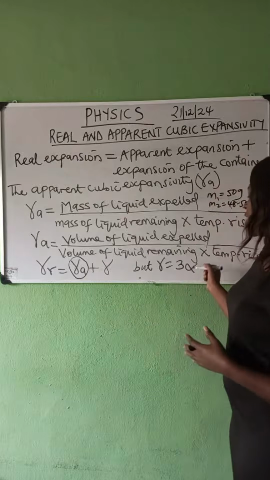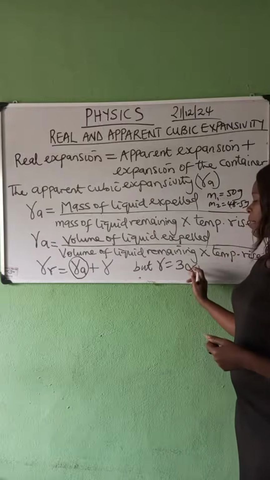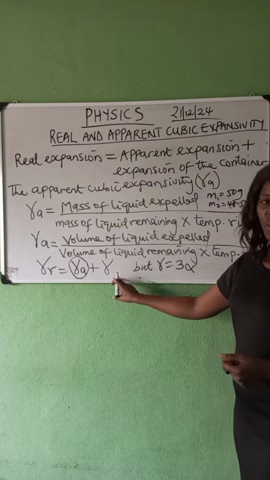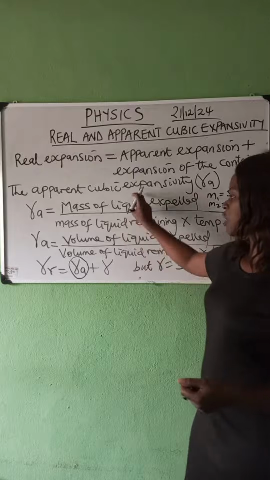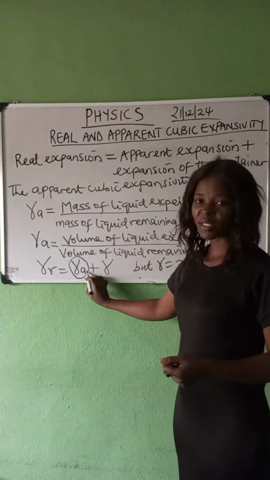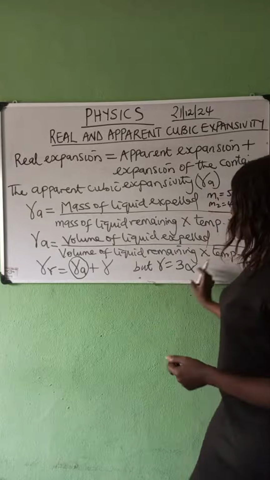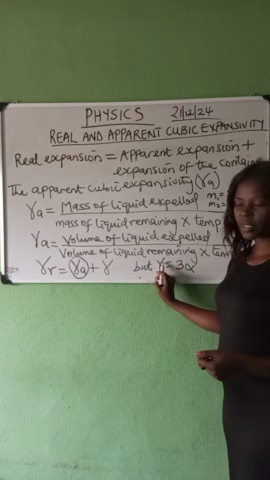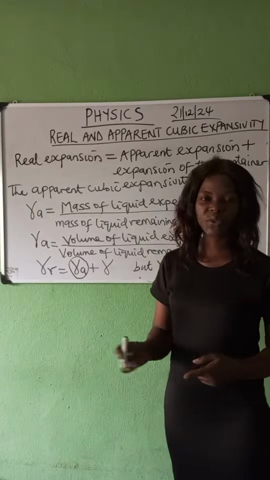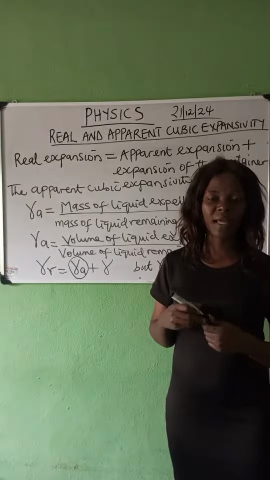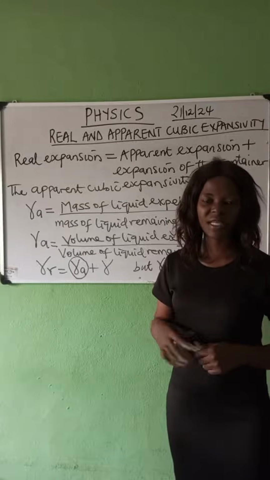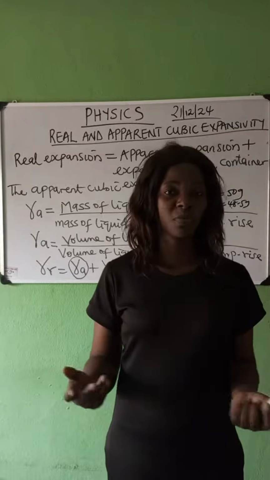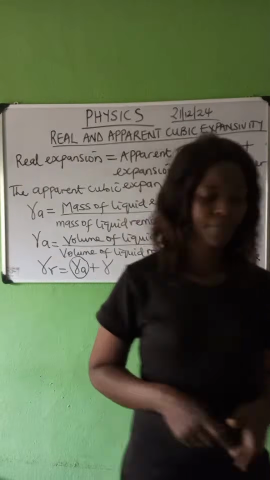If you are given linear expansivity, just multiply by 3 to get the volume expansivity. Do we understand? So you use this method to solve for the apparent cubic expansivity, and then multiply the linear expansivity by 3 to get the expansivity of the container. Then when we add the two together, it gives us the real cubic expansivity of that liquid. Is that clear? All right, let's see how we can solve an example to make you understand better.